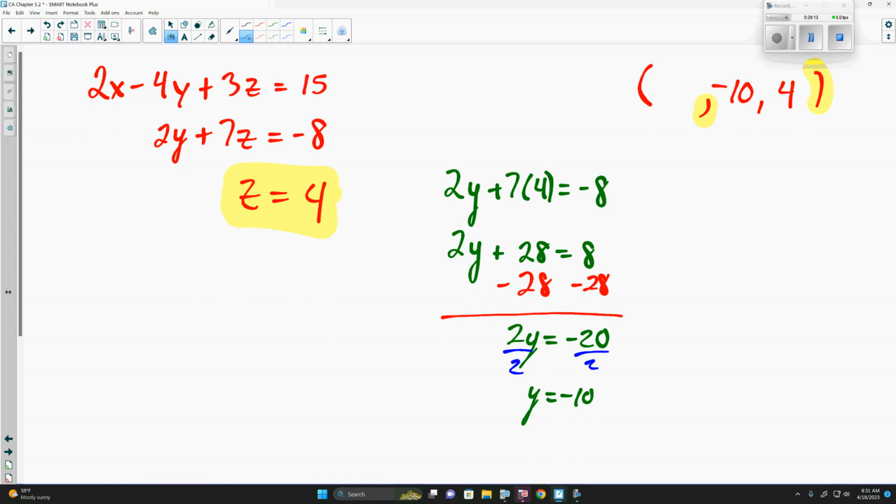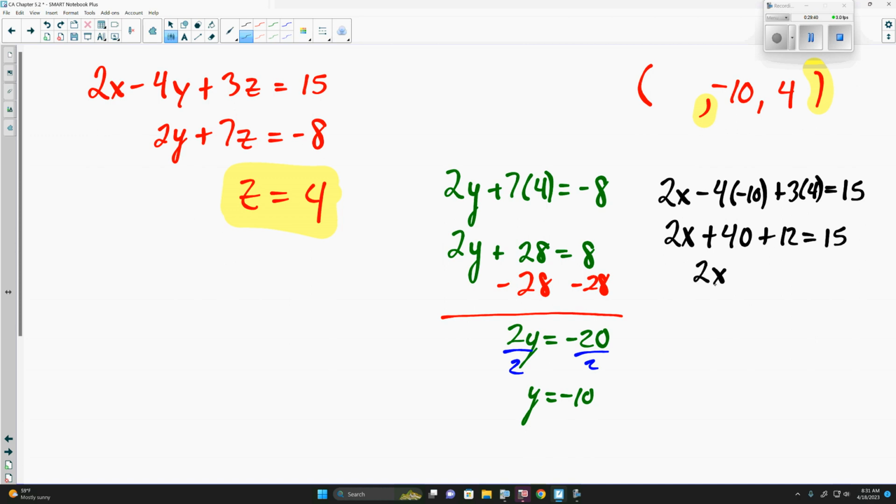And last but not least, we can use the top equation. 2x minus 4 times negative 10 plus 3 times 4 is equal to 15 to solve this here. Negative 4 times negative 10 is going to be plus 40. 3 times 4 is 12. I knew I wasn't going to get this lucky. 40 plus 12 is 52.